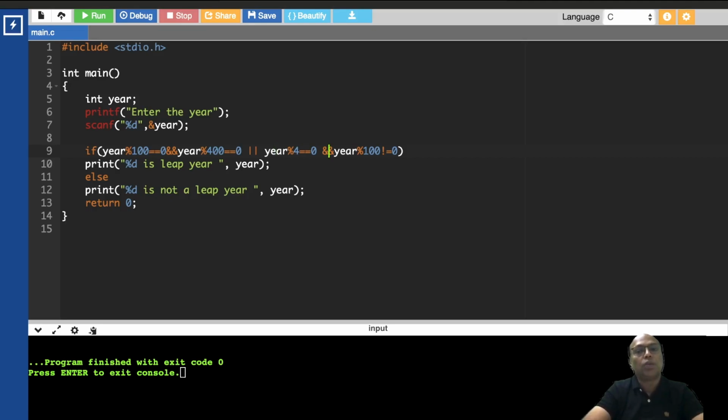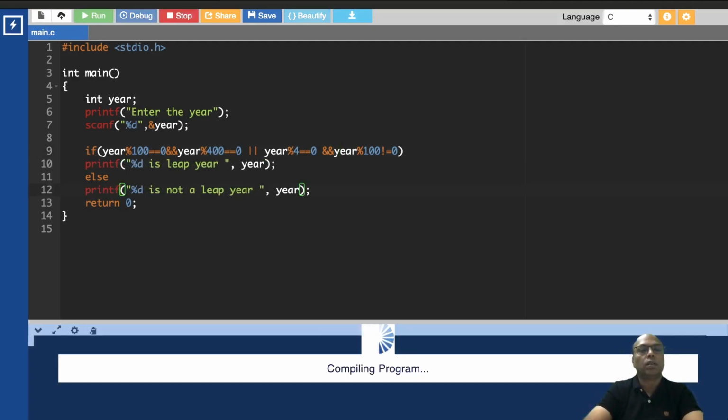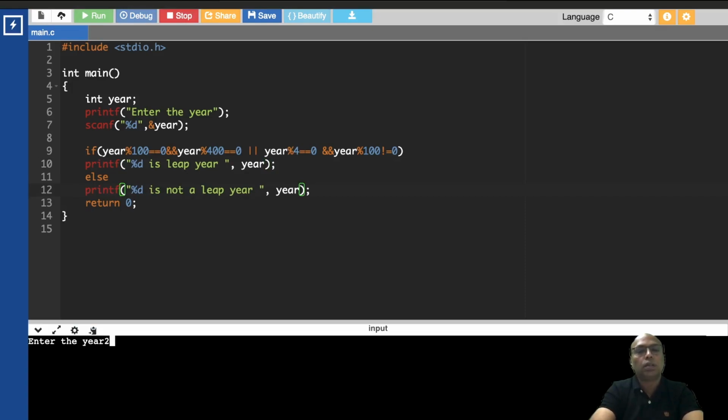The left hand side of AND is 1. Therefore, it is going to solve the right hand side. 2004 modulus 100 is 4. 4 is not equal to 0. Therefore, the condition is true. Therefore, I get 1. 0 or 1 is 1. I get it as a leap year. For 2004, I got it.